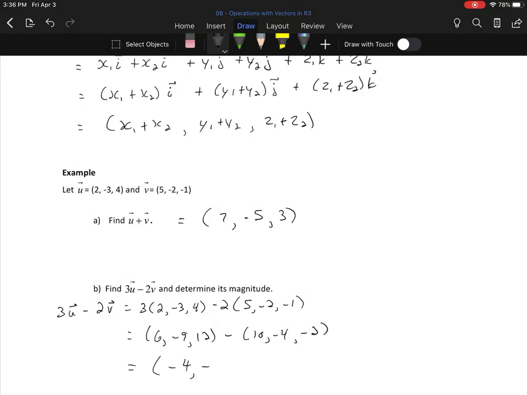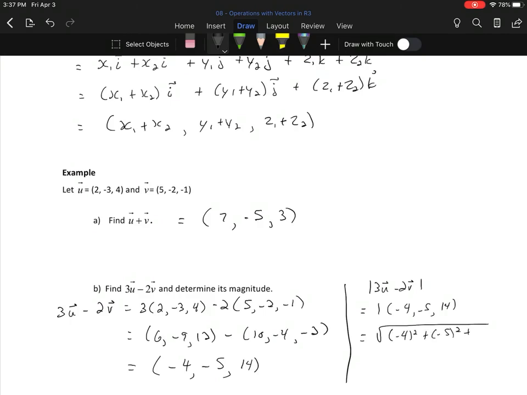And so I go 6 minus 10, I get -4. I get -9 minus -4, I get -5. And I get 12 minus -2, which is 14. And it wants the size of that. So over here, magnitude of 3u minus 2v will be the magnitude of -4, -5, 14. I'm using the Pythagorean theorem in 3D here.